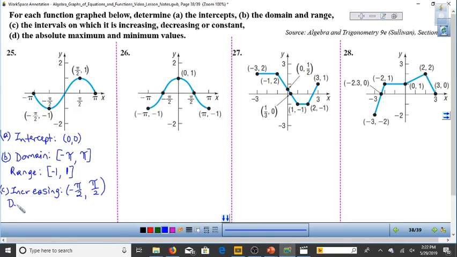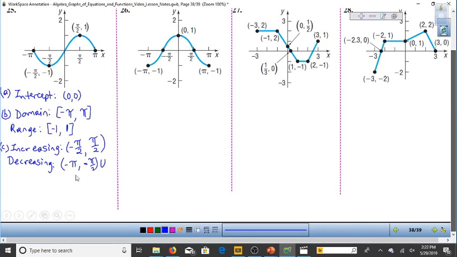On the other hand, it's decreasing on the other intervals in this domain. So the graph starts decreasing at -pi and stops decreasing at -pi/2. And then it picks it up again from +pi/2 to pi.